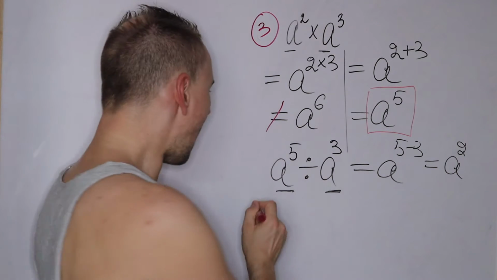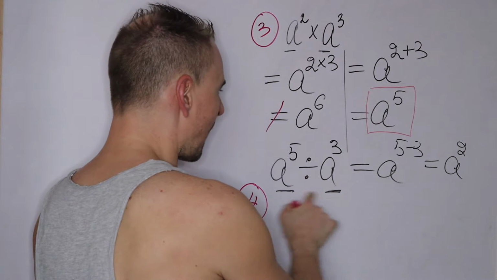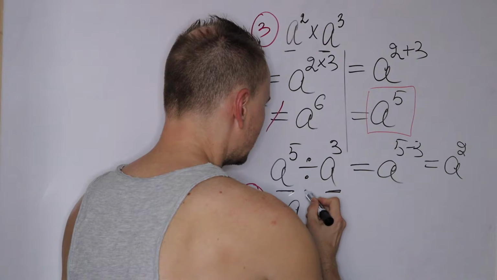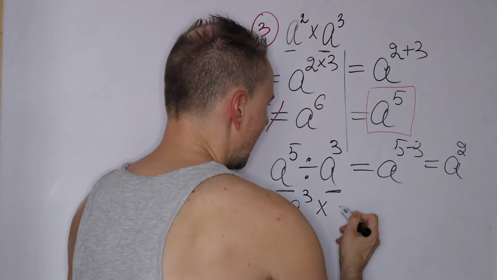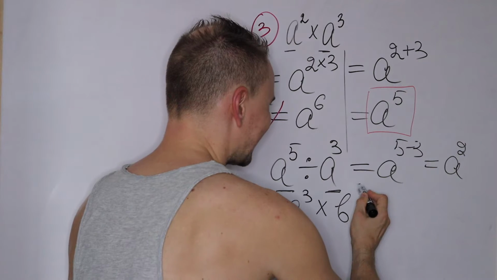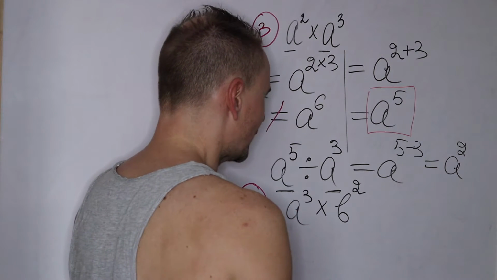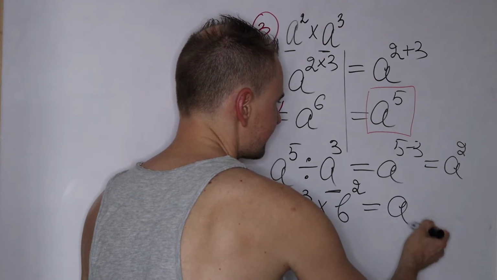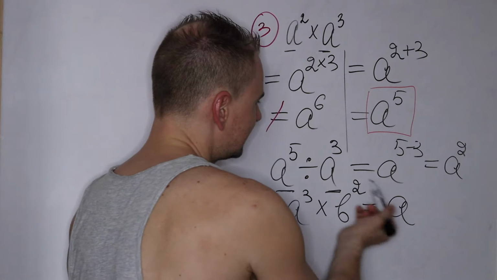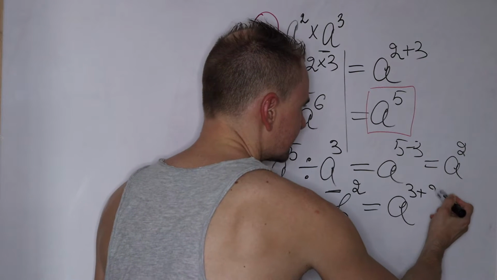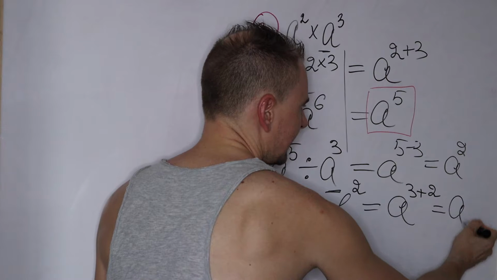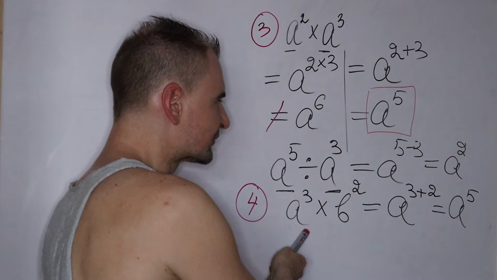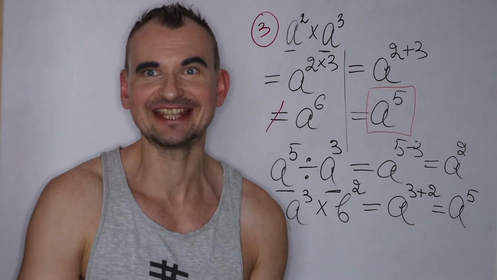My number 4 basically comes from this one. Say you have been given a to the cubed and you need to multiply by b to the second power. Sometimes people just write a and add these powers, so 3 plus 2, and they write a to the 5th power, which is wrong because you are given 2 different bases, a and b.